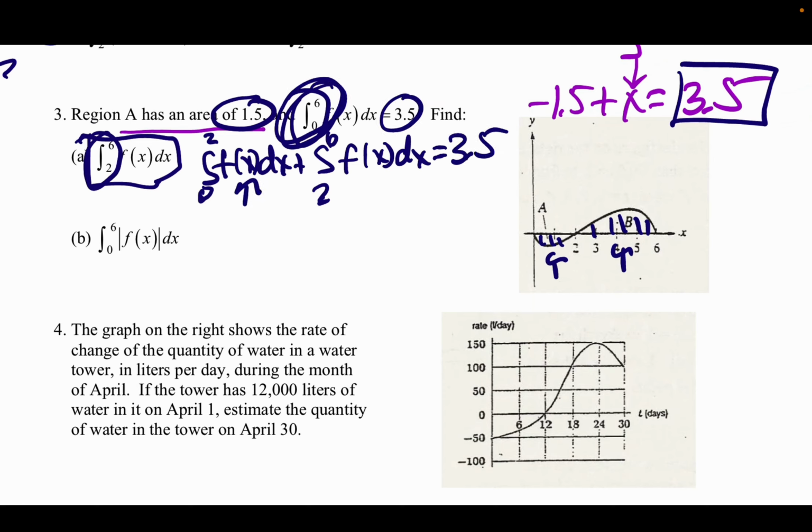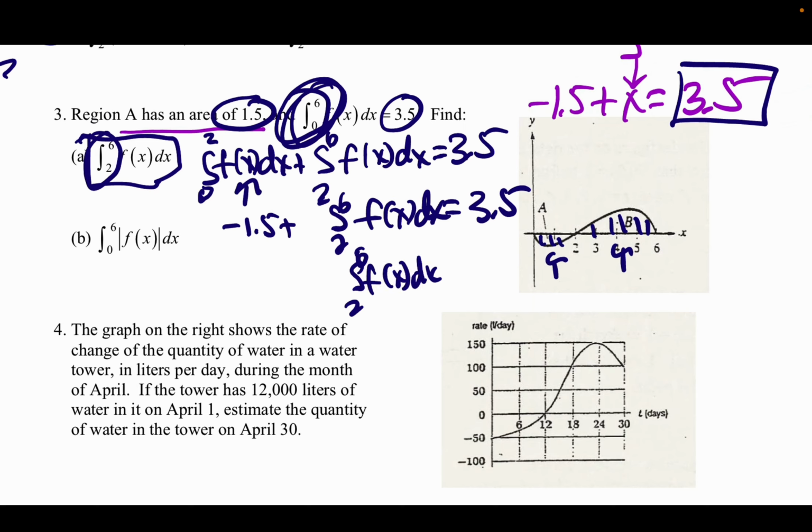This part I know is negative 1.5 because I can see the picture. This, 2 to 6 of f of x dx, is what gives 3.5. So much of this is algebra. So now I know 2 to 6 of f of x dx. If I add the 1.5 over here, I get 5. So the answer to A is 5.